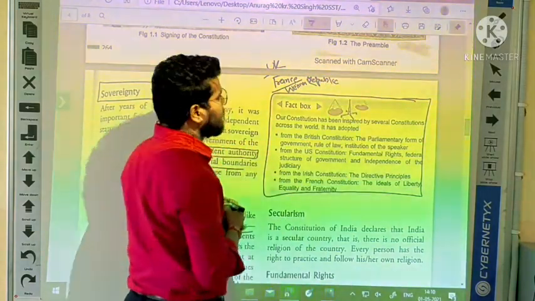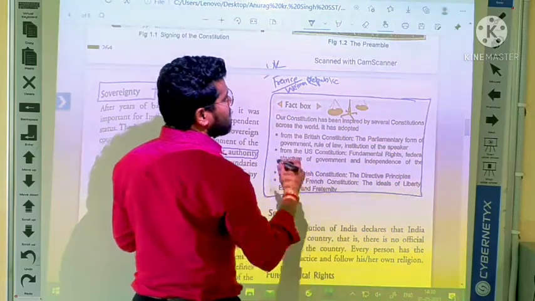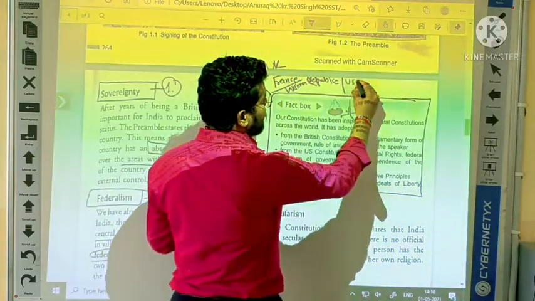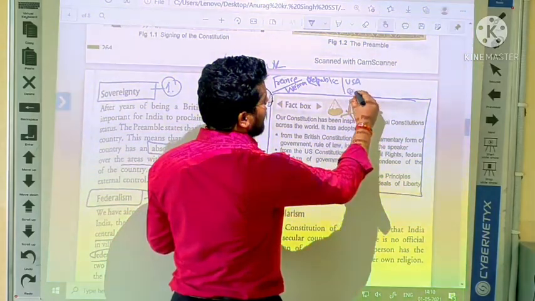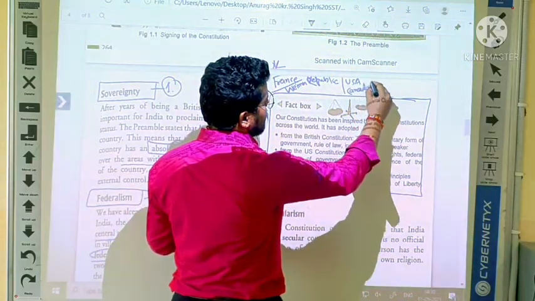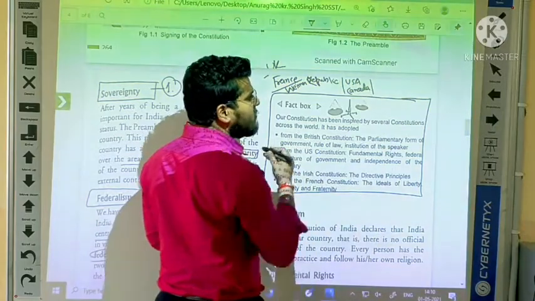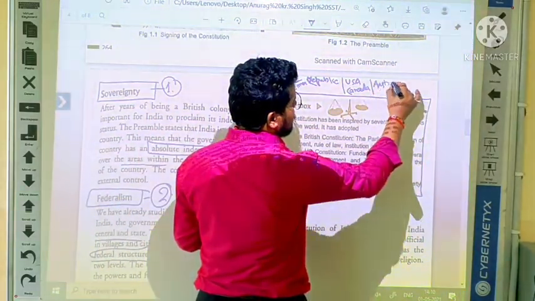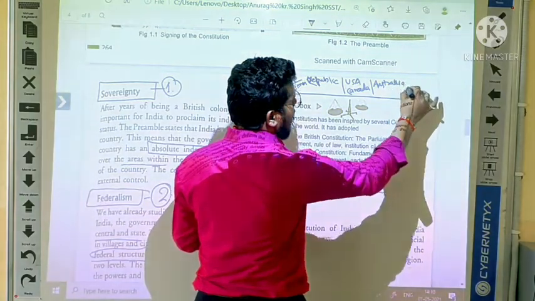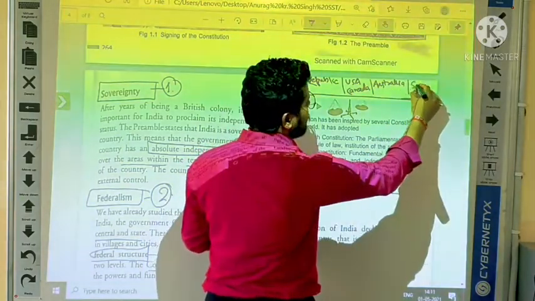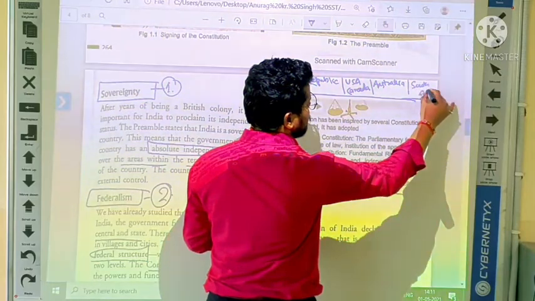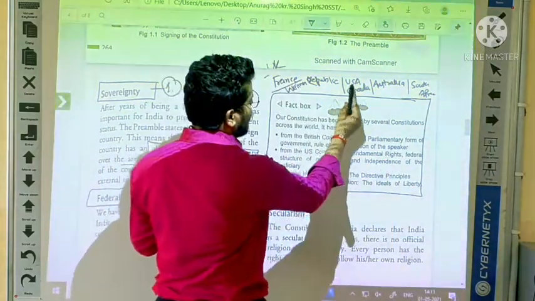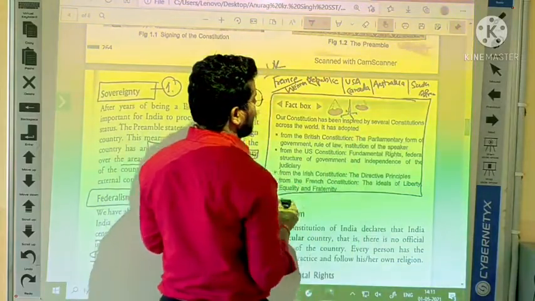Okay students, and after this USA, Canada, these are the countries. After this, Australia. After this, South Africa. Check it: 1, 2, 3, 4, 5, 6, 7.